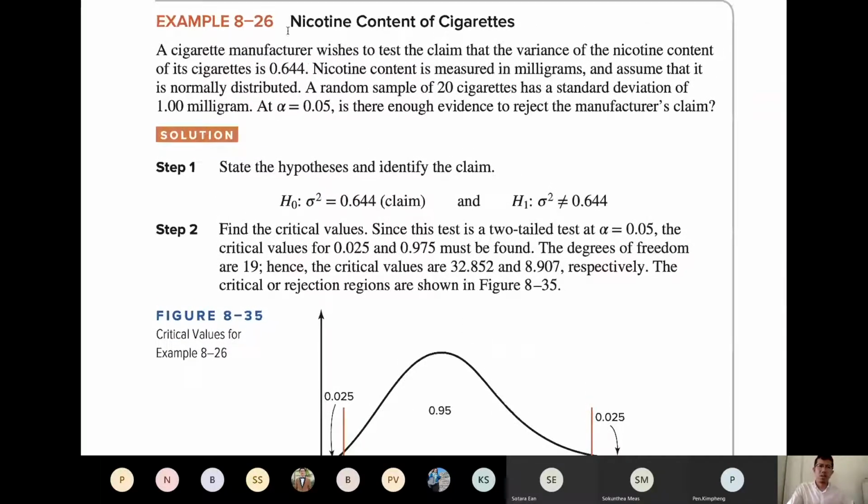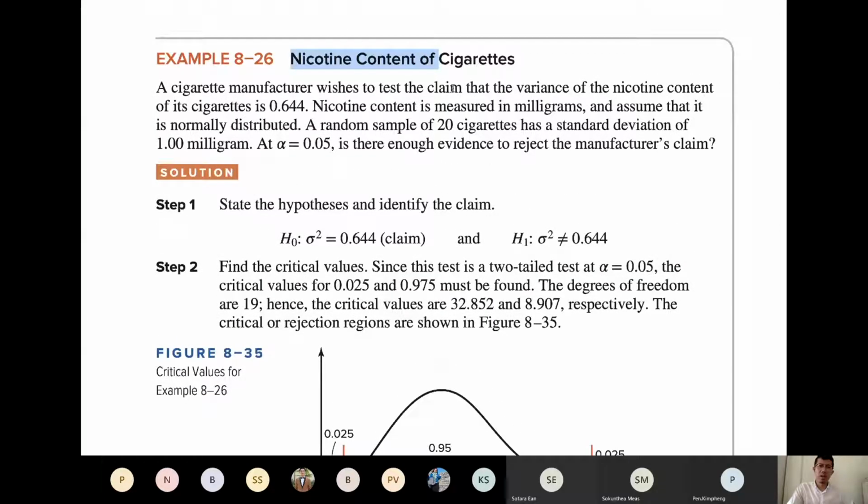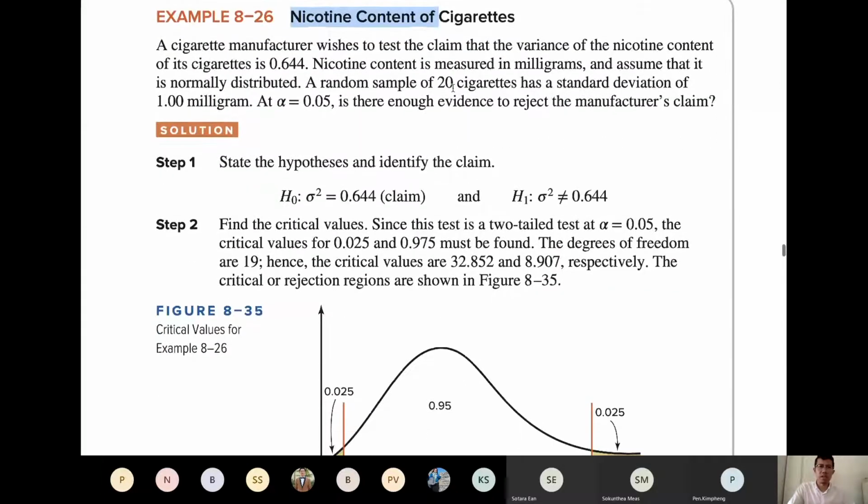Okay, we want to think about it in relation to the nicotine content of cigarettes. A cigarette manufacturer wishes to test the claim that the variance of the nicotine content in its cigarettes is this value. Nicotine content is measured in milligrams and assume that it's normally distributed.